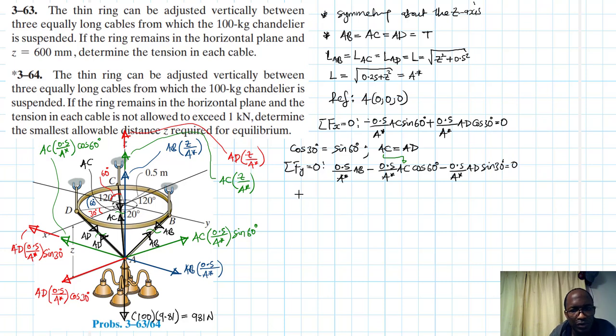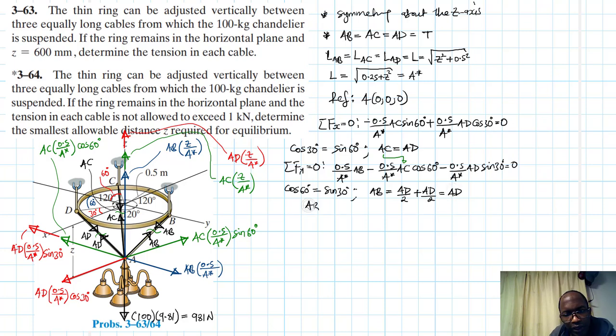When we do so, we realize that AB is just going to be equal to... we also know that cos 60 is just equal to sine 30, and therefore AB is just going to be equal to AD by 2 plus another AD by 2, which is just equal to AD.